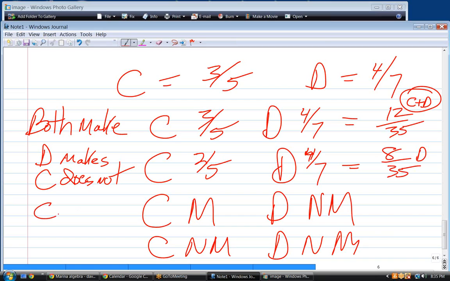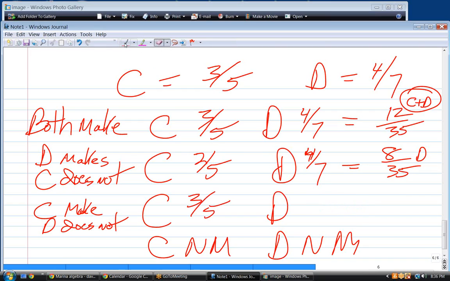Third condition is C makes it, D does not. Well, the odds that C makes it is 3/5. What are the odds that D does not make it? 3/7. So this possibility is 9/35.